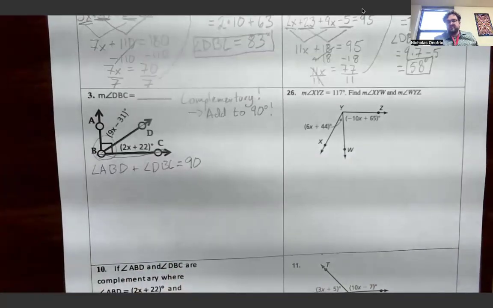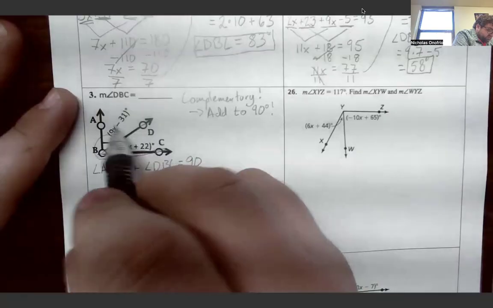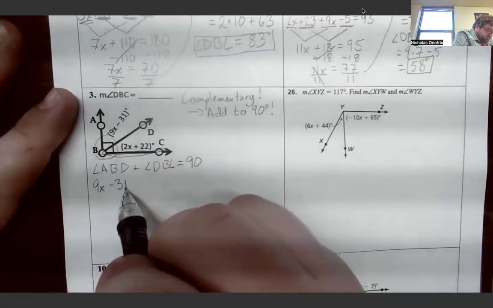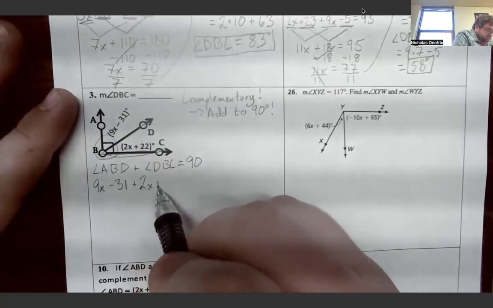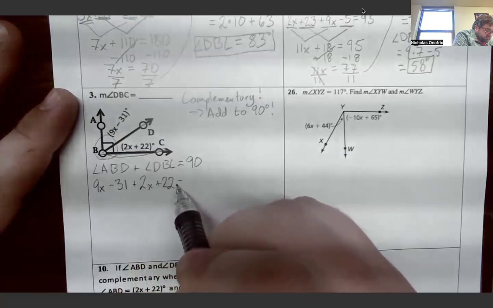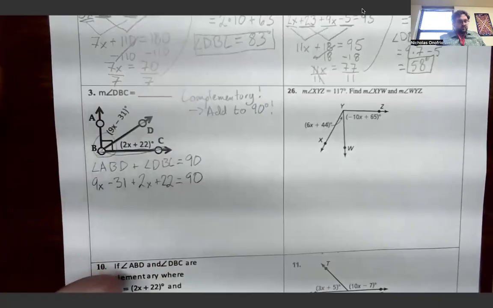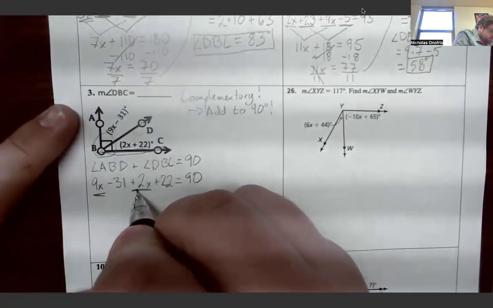We know this because they are complementary. So let's plug in. ABD is 9x minus 31. DBC is 2x plus 22 equal 90. Just like before, you combine your like terms, 9x and 2x.